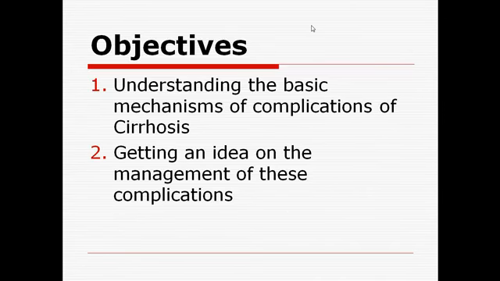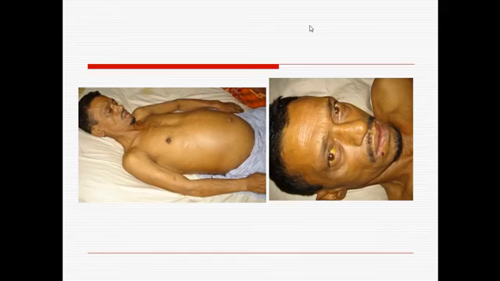Before that, the objectives of our today's class are understanding the basic mechanism of complications of cirrhosis, and getting an idea on the management of these complications. Yes, these are two photographs.